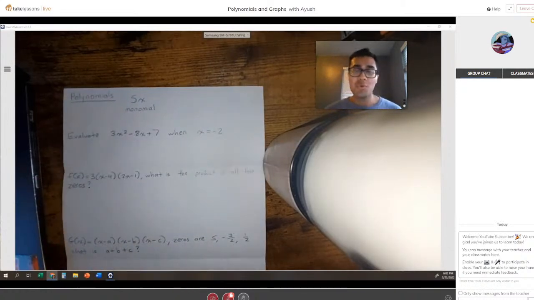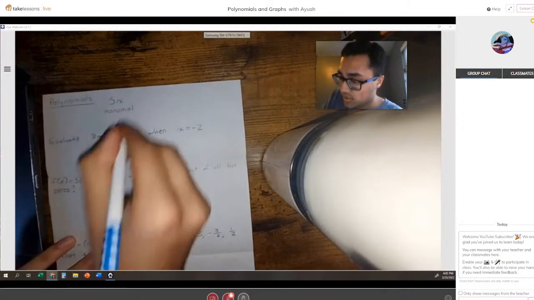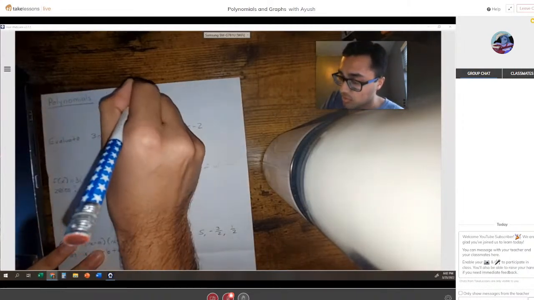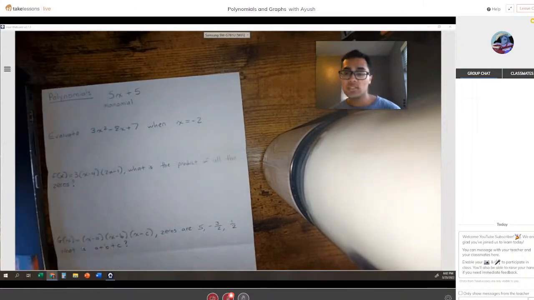If I was to add more terms to this expression, right? So if I added another term like this, plus 5, you see there's no variable there, but that still increases this from, it's no longer a monomial. Now we have two terms, so we call that a binomial.